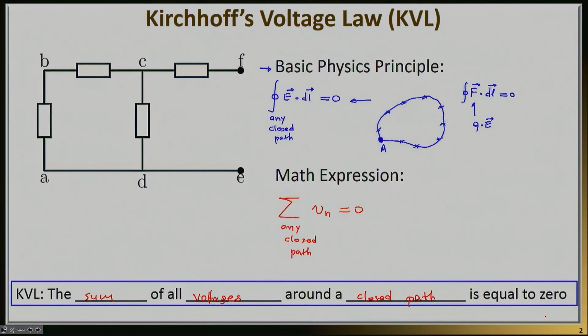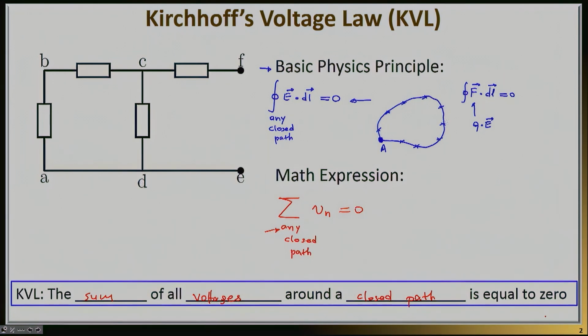First of all, we're talking about summing voltages, and if I want to be slightly more precise, we're talking about summing voltage drops. The second thing is that this must be true for any closed path, any path that you like. The third thing I'd like to say is that this path may or may not include circuit components.